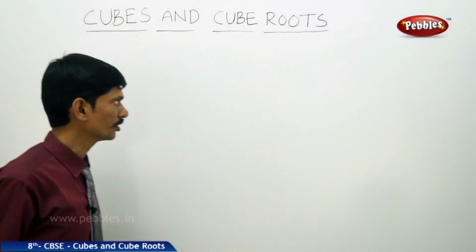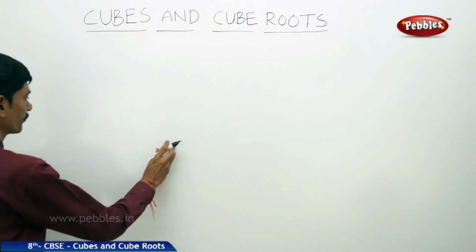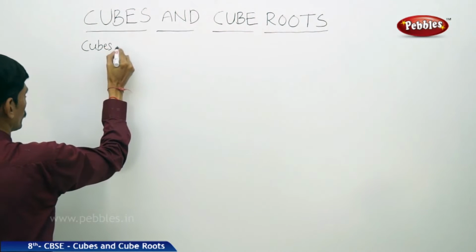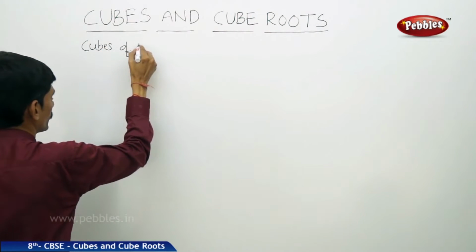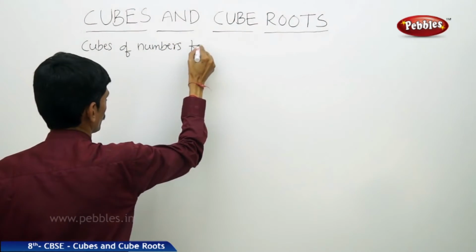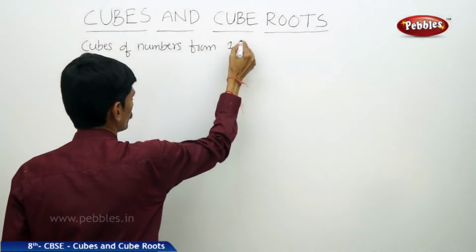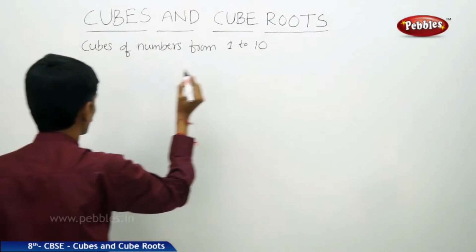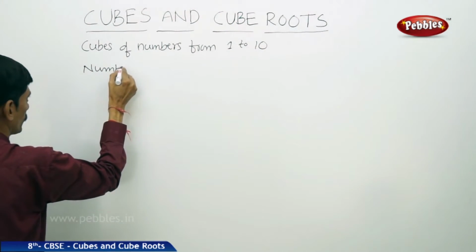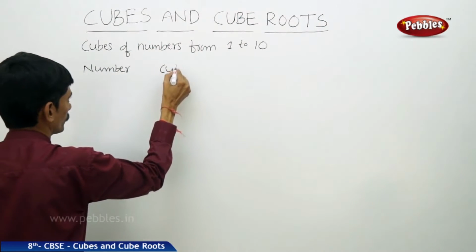Now let us write the cubes of first 10 natural numbers. So now we will write cubes of numbers from 1 to 10. First we will take the number and its cube.